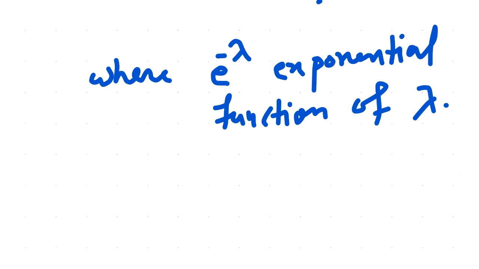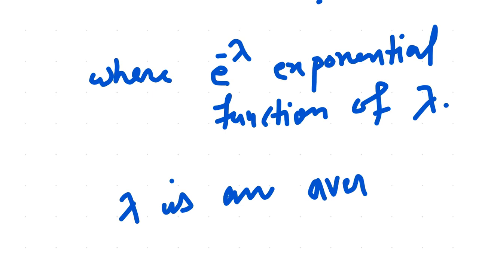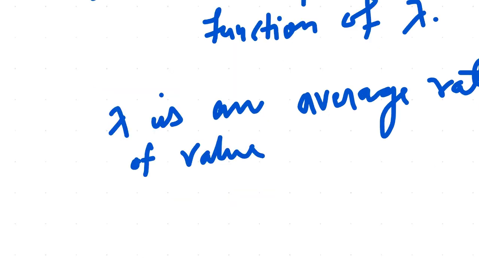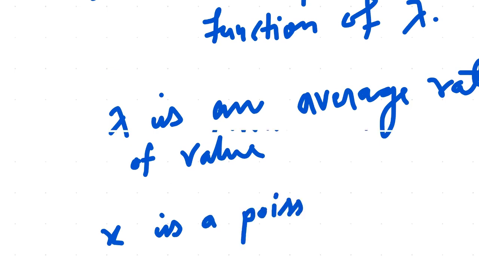Lambda is an average rate of value, and X is a Poisson random variable.